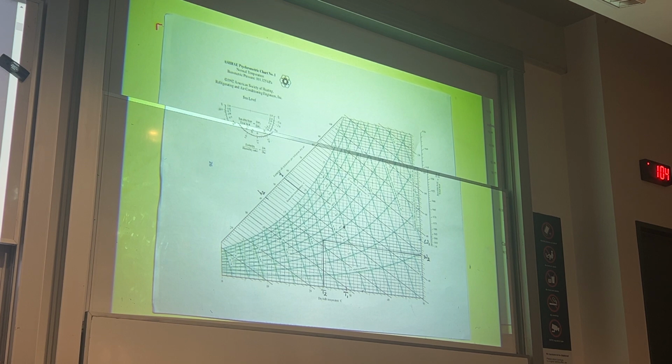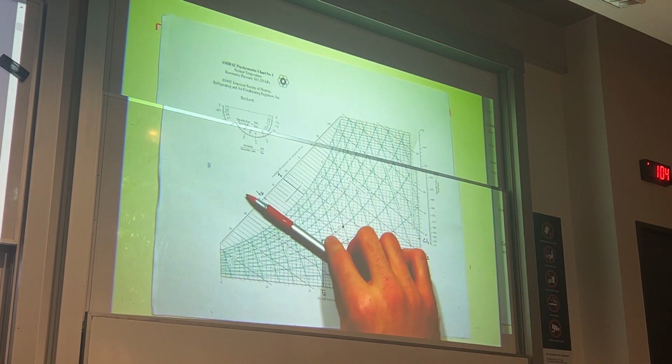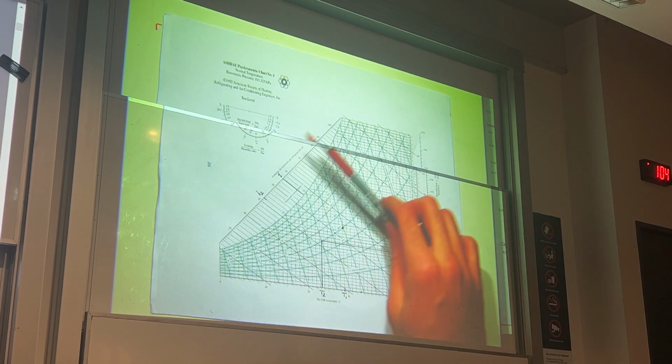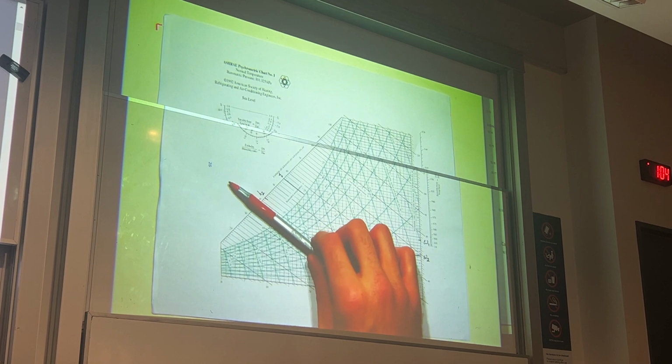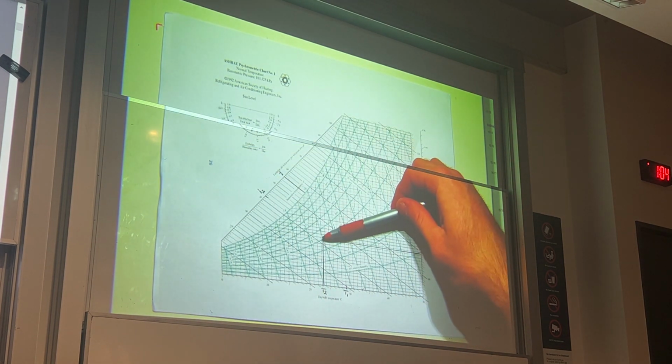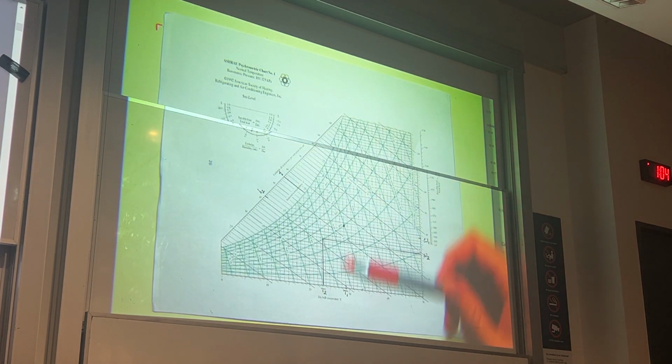Because our design parameter is the drop in enthalpy, I've come down 14 kilojoules per kilogram on my enthalpy axis. And then I bring a ruler to the exam. On this angle, I've come down until I've hit 40% relative humidity, and I've marked this point.